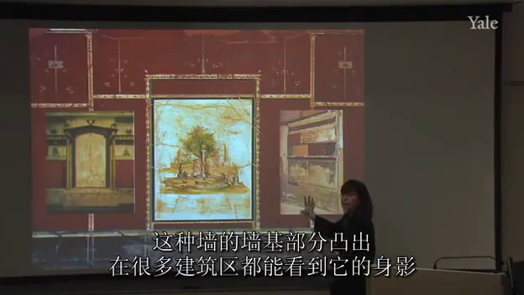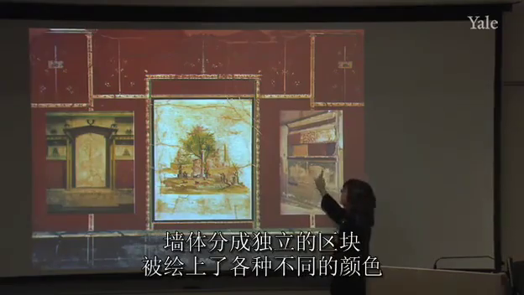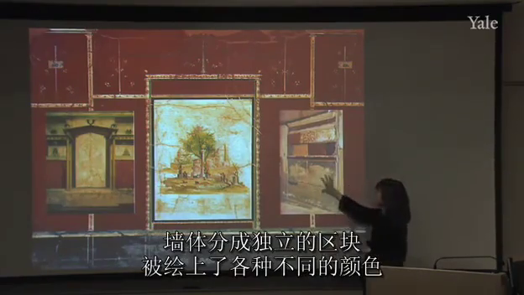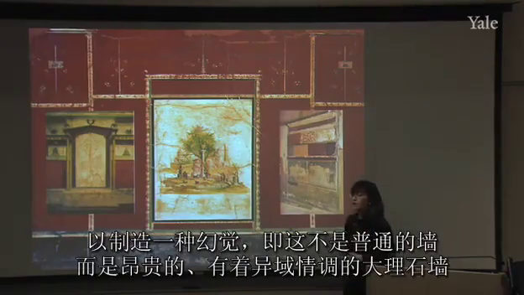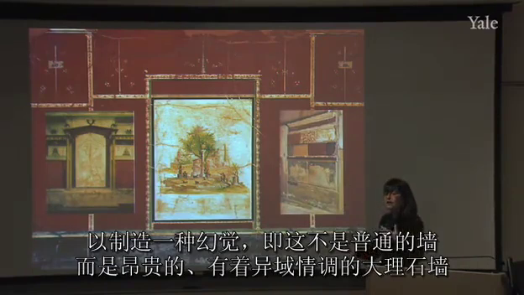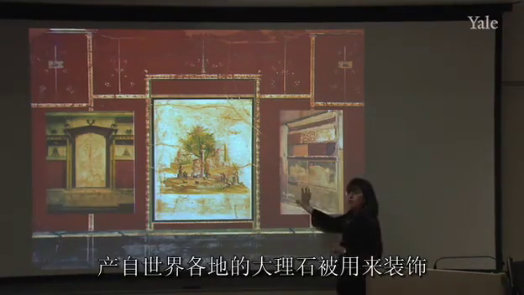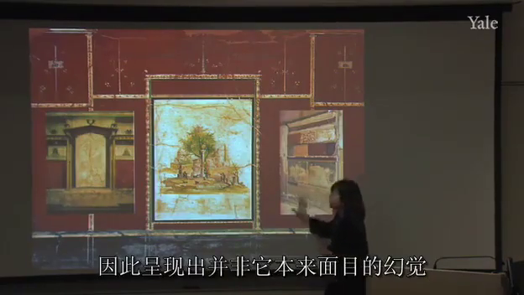The wall was built up as a relief in a series of architectural zones, and then the individual blocks were painted different colors to give an illusion, once again, that this was not a plain wall, but rather a very exotic and expensive marble wall with marbles brought from all over the world to decorate it. So an illusion of something that it wasn't.